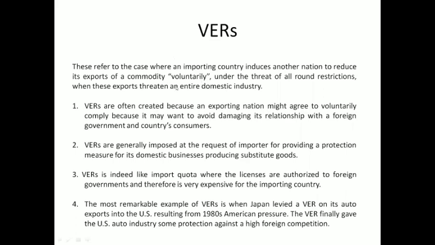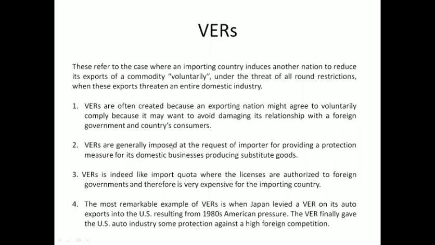If they don't follow this, they will be threatened with other restrictions. So VERs are often created because an exporting nation might agree to voluntarily comply because they do not want to damage their relationships with the foreign government and the country's consumers.